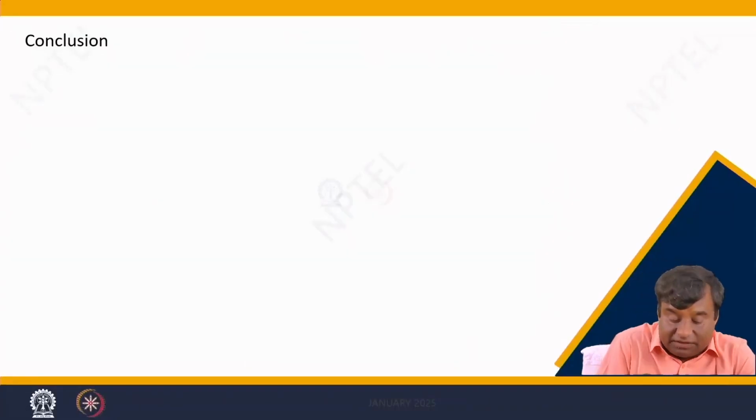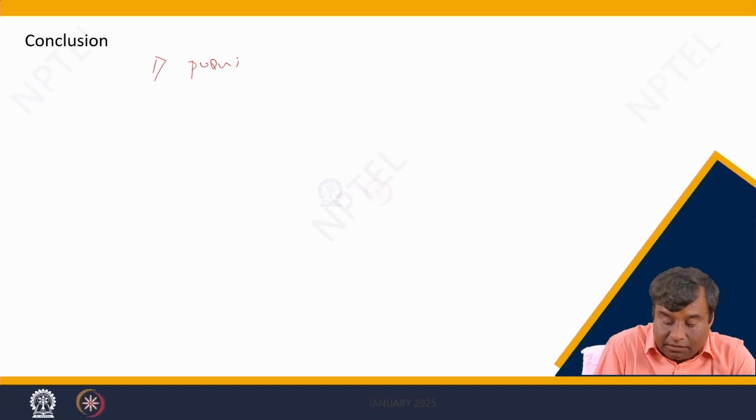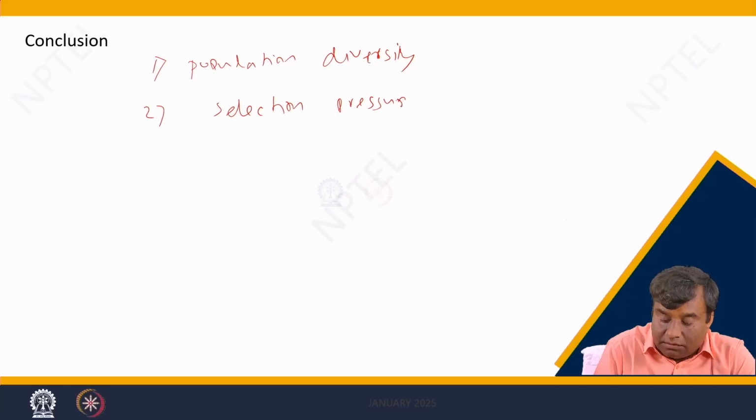So in this class we have understood a few terms: population diversity, selection pressure, exploration, and exploitation.